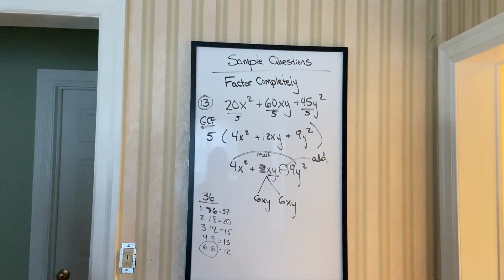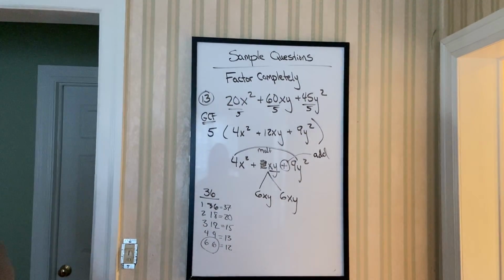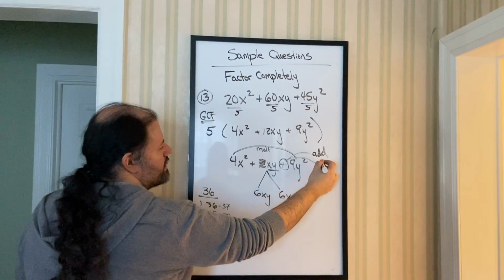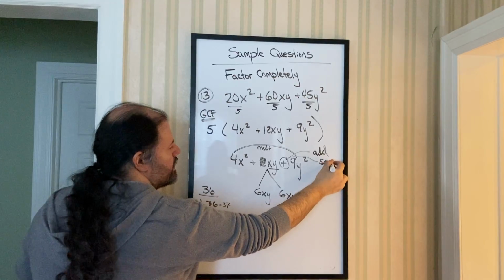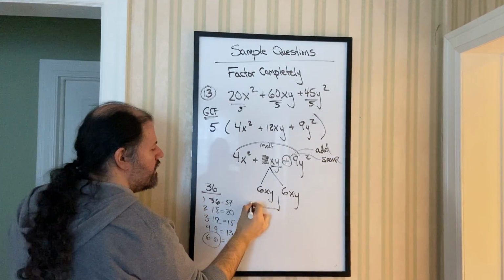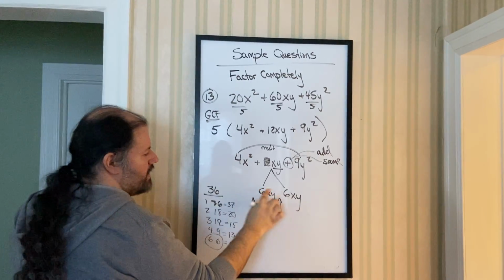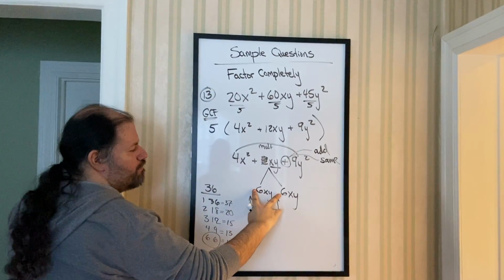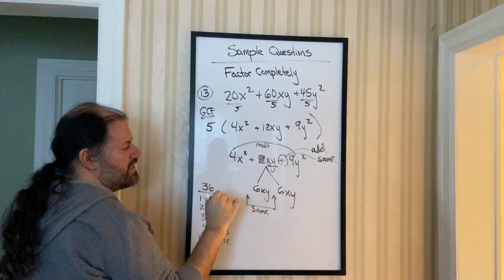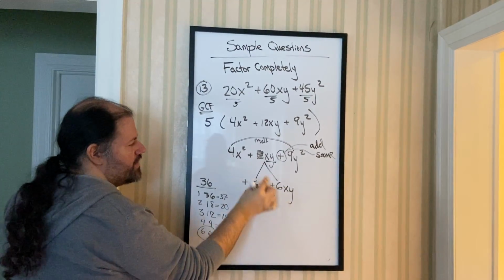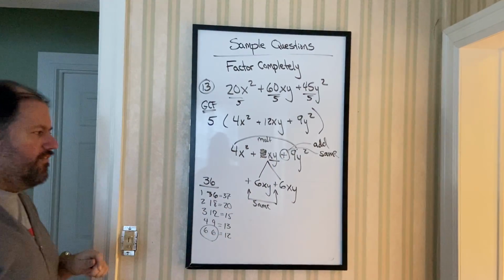Once you have that, then we said step 6, we're going to have to figure out signs. Because this is a plus, that tells us the same signs. Now notice that they're the same numbers here. When they're the same numbers, both of them will get the same sign as the middle. Makes sense. Plus 6 would have given us that plus 12.